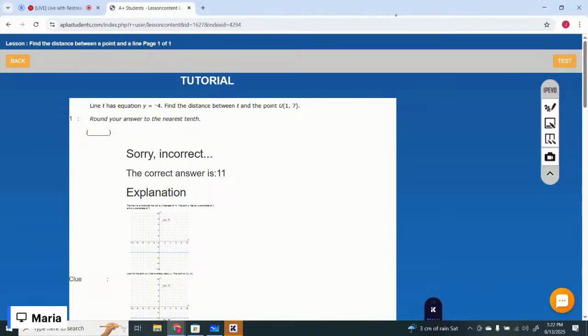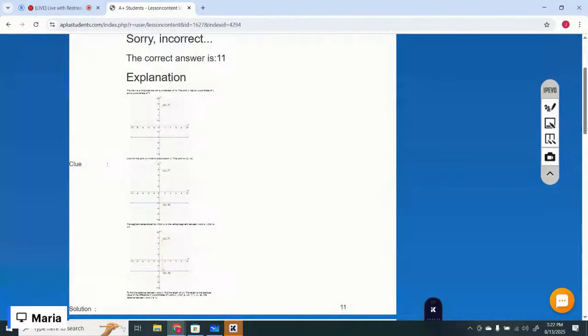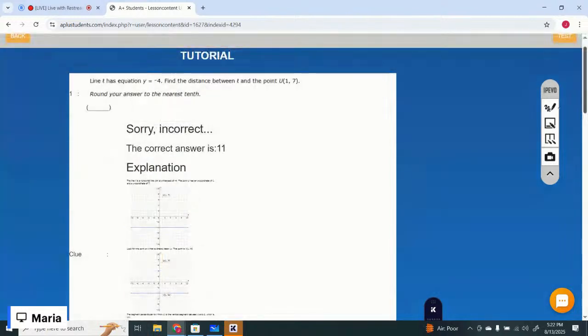Find the distance between line T and the point (1, 7). Now I cannot see anything and cannot read. Y equals -4. Find the distance between the line and the point (1, 7).